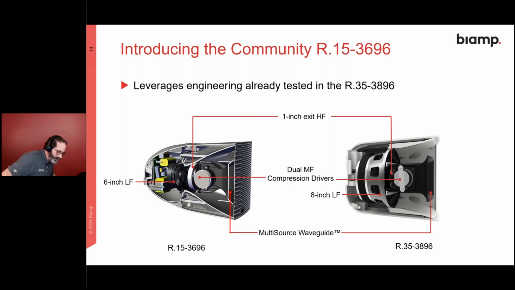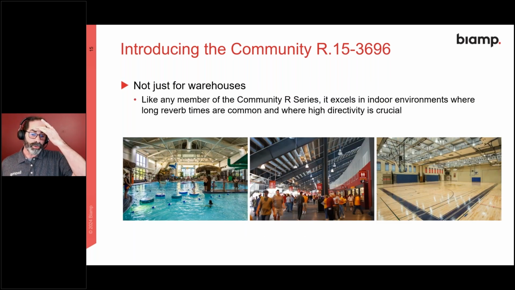Inside this little tiny cabinet here is everything you see on screen. So there's a three-way horn or two-way horn with three drivers and a woofer in the back. So all that packed inside of this device. So as an R series model, this certainly belongs to the world of paging.